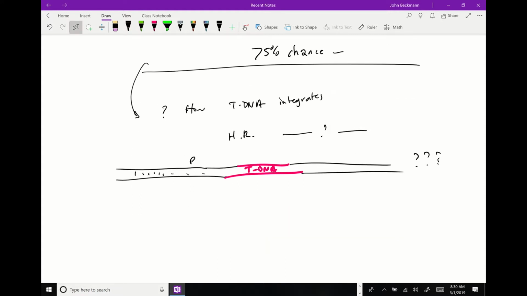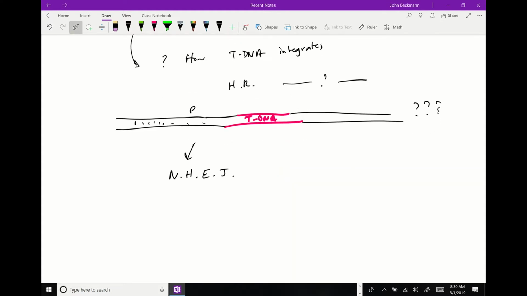The best hypothesis is that there's some kind of taking advantage of non-homologous end joining. We've talked about that a little bit before, and I always keep saying that at the end of the semester we'll talk about CRISPR, and this is more related to how CRISPR works. But what is non-homologous end joining? You're putting together pieces of DNA that should match, that don't match. Why does the cell have this process?